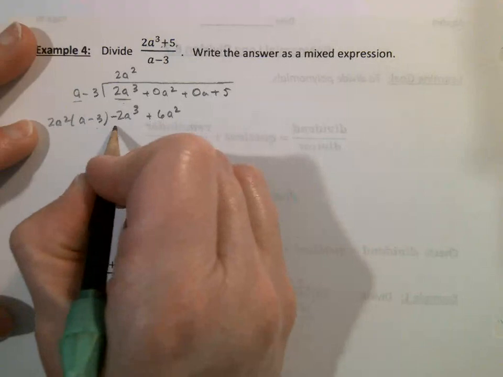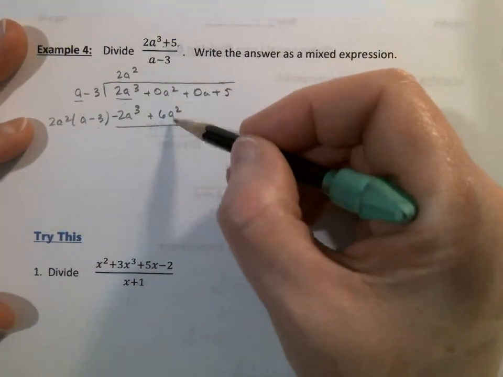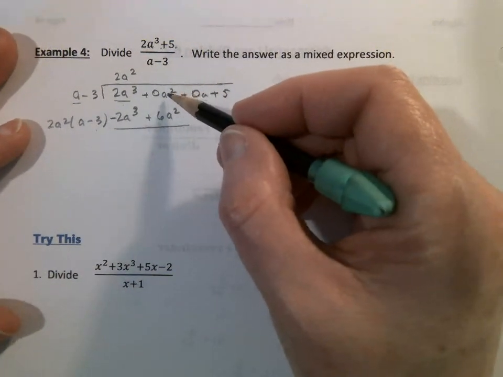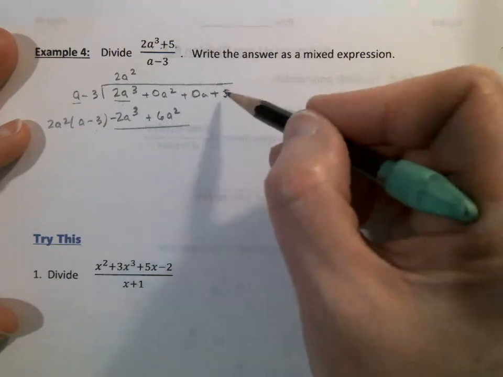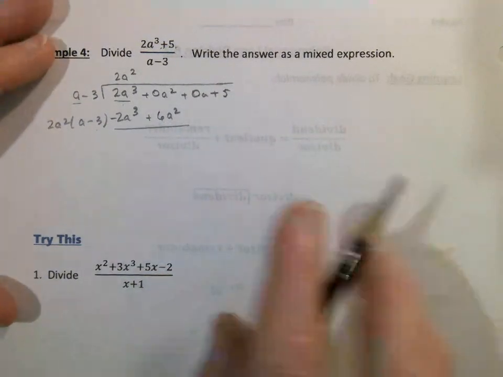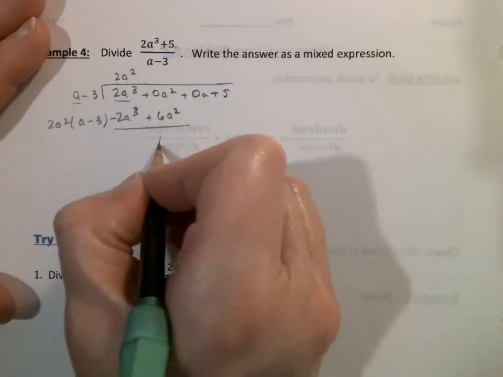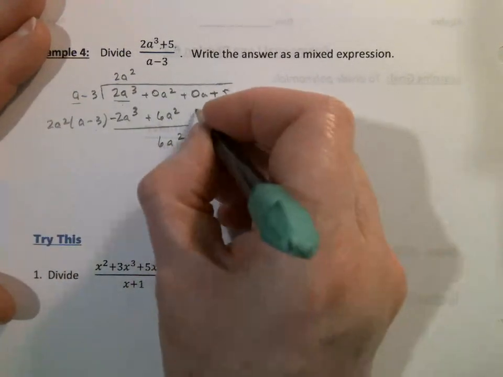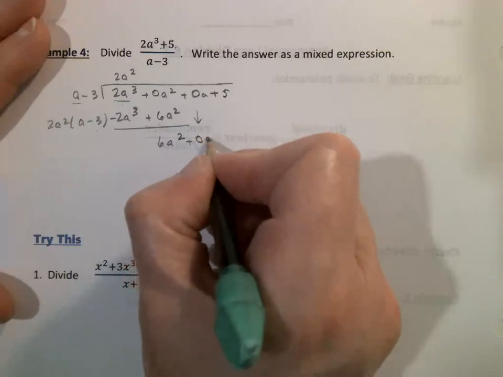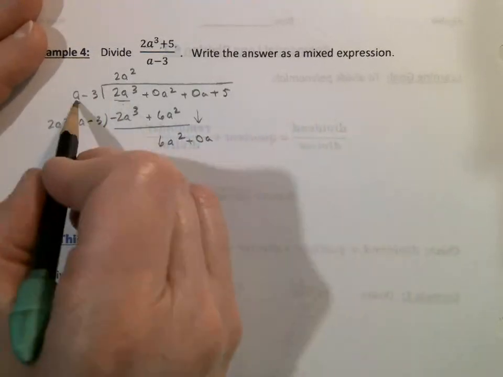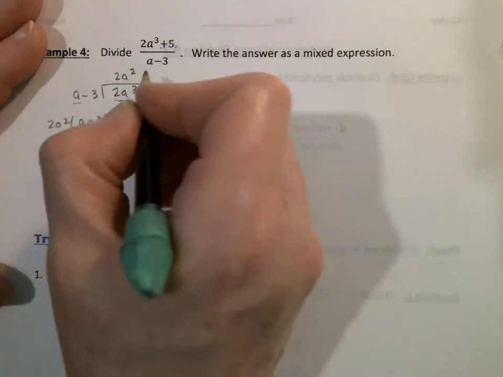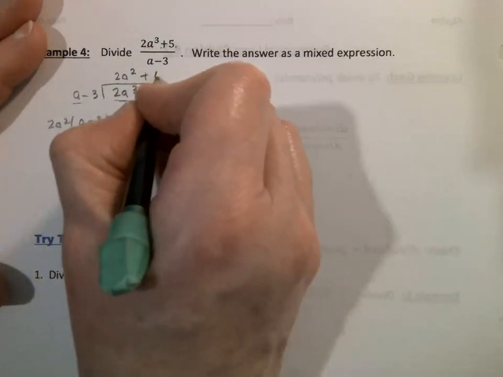Change my signs. Now notice how I have these lined up. If I didn't have this a squared here, I'd have it lined up with a 5, and that wouldn't make sense. So this is really just acting as a placeholder. I add these two together, and of course 0 plus 6a squared is just 6a squared. And I bring down my 0a. And then I say, what would I multiply by a to get 6a squared? I would multiply positive 6a.